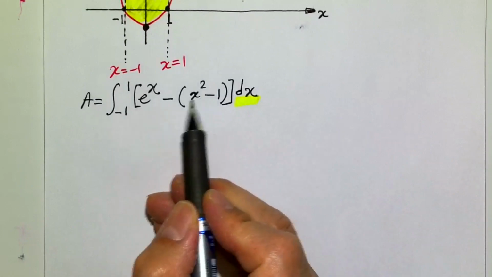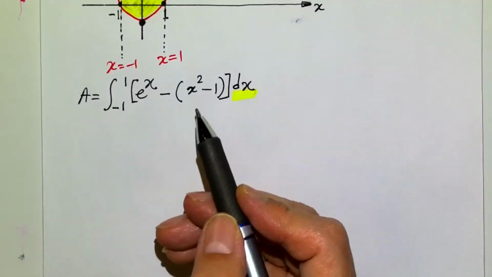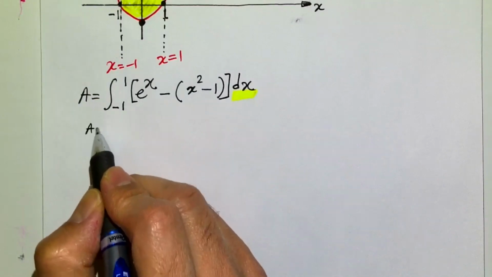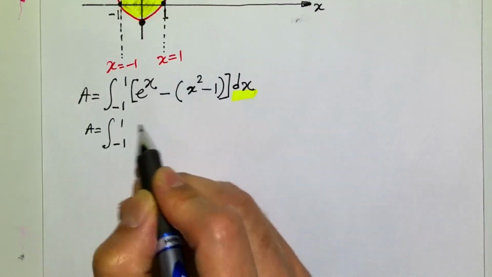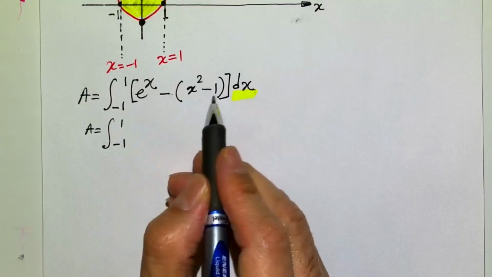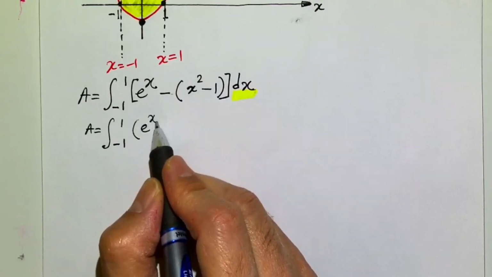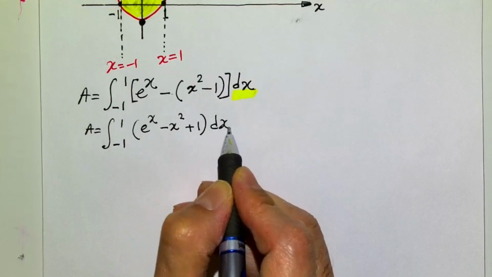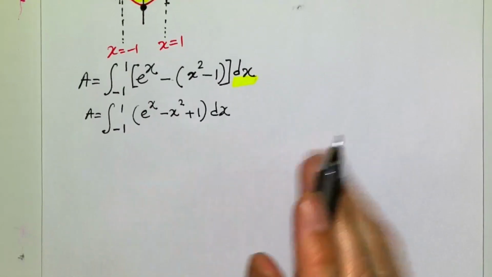All these functions are easy to integrate compared with the functions we've been integrating lately. But let me distribute this minus into this function. So what do we get? We get minus x squared plus 1, dx. And so let's integrate.